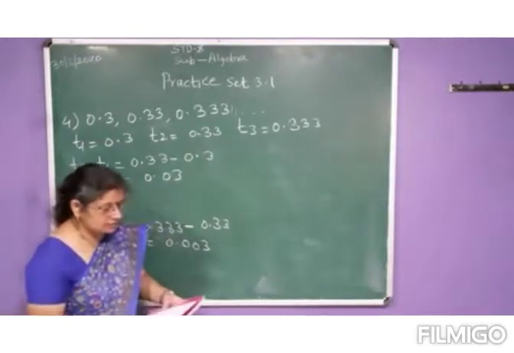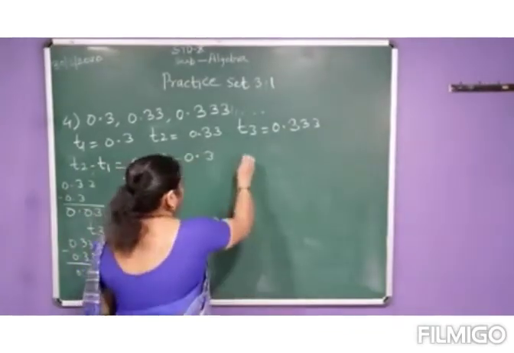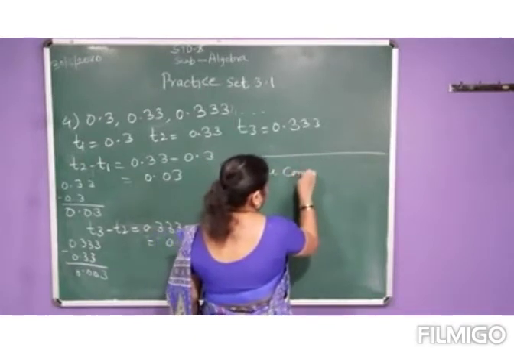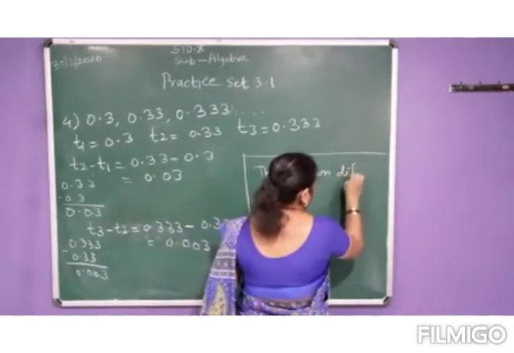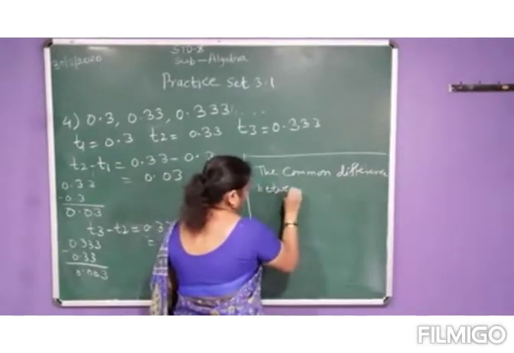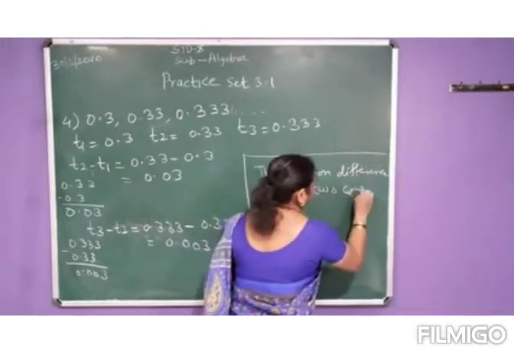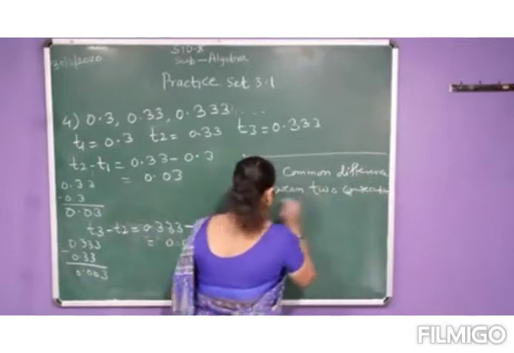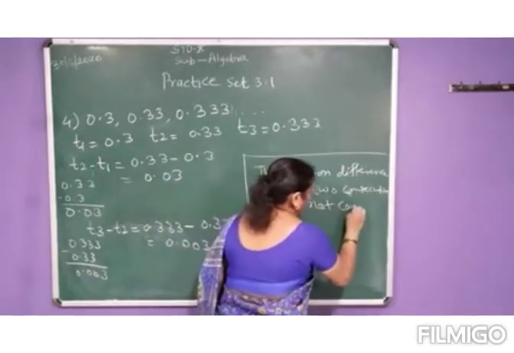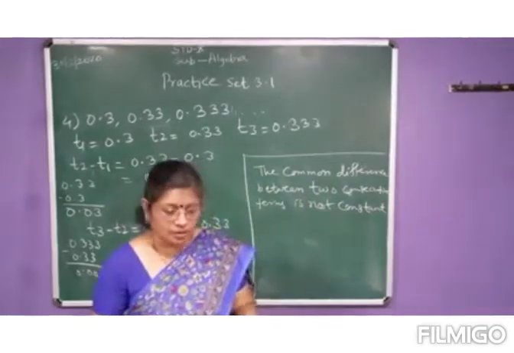Okay, so as it is not constant, we will not be able to write the value of D. So what answer will you write? Again here, the common difference between two consecutive terms is not constant. Okay, so the question doesn't arise for the value of D.